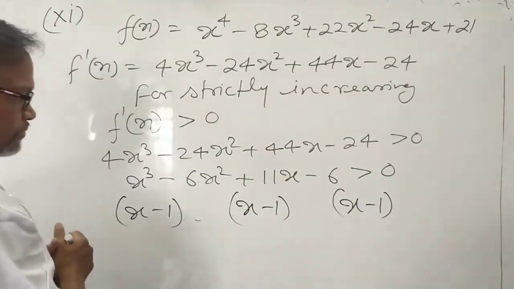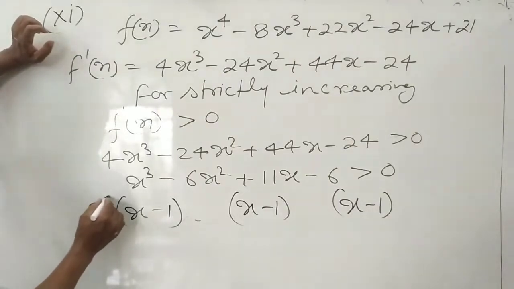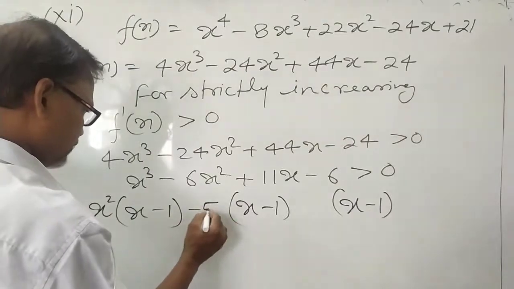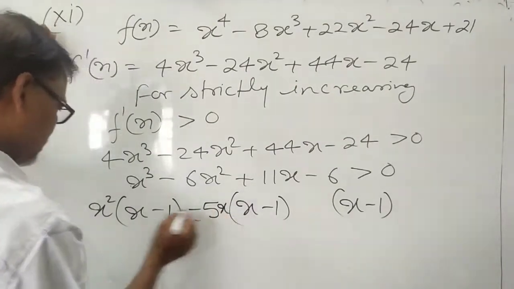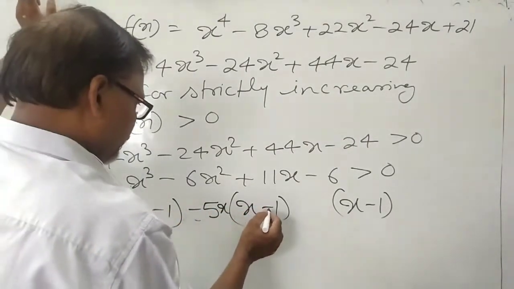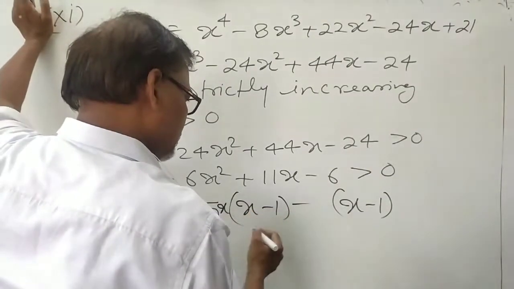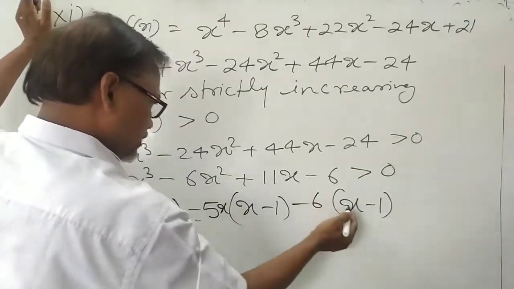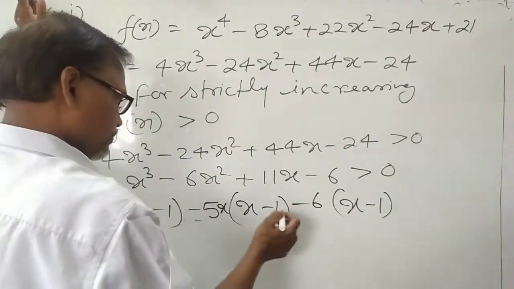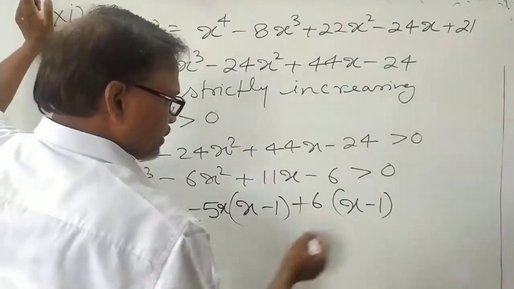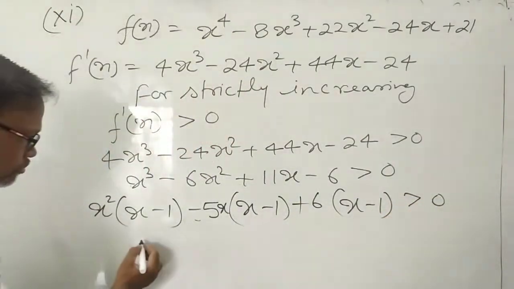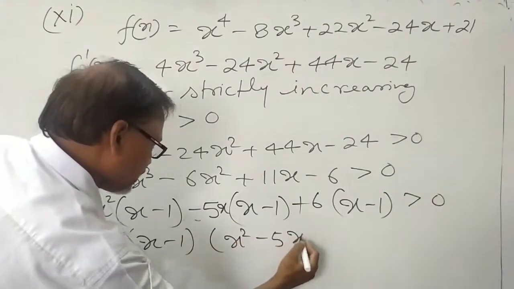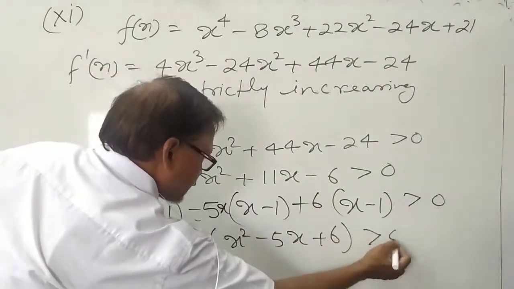It will be x square minus 5x plus 6. So x minus 1 into x square minus 5x plus 6 is greater than 0.